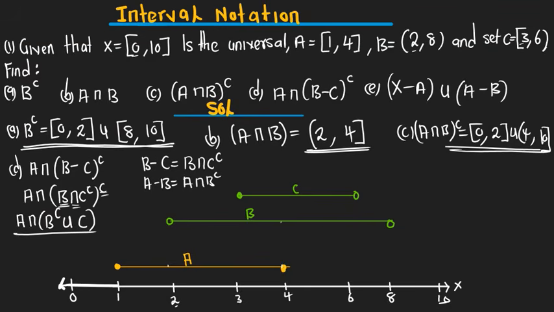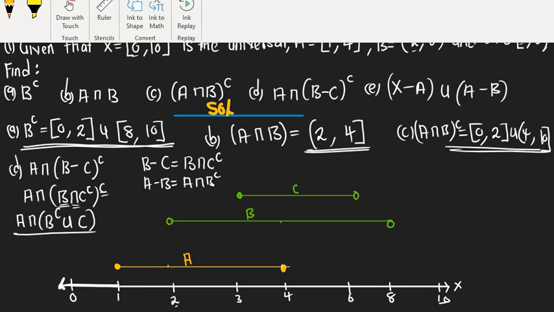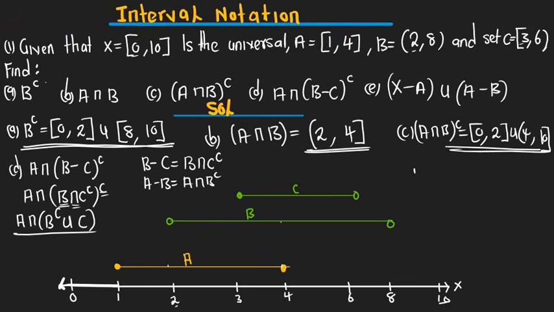Guys, listen to this. A intersection B intersection, this one we know already. Now I was saying when you expose the complement to B, it becomes B complement. When you expose the complement to the intersection, it becomes the union set.